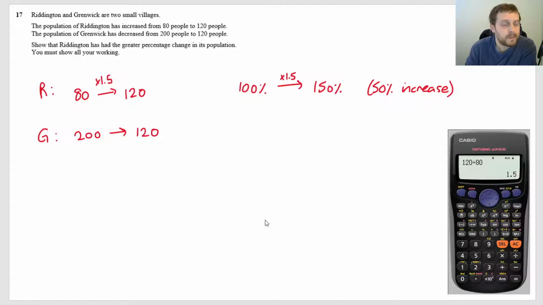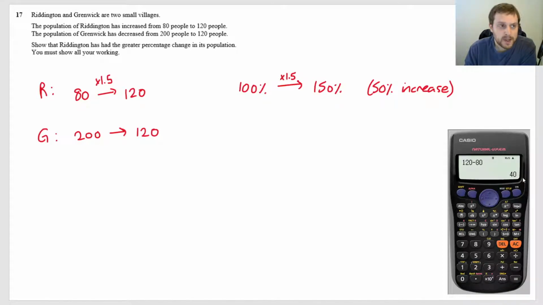Okay. The other way to work out that it was a 50% increase, and I'll mention this now, is if I do 120 take away 80, which is of course 40. So the actual gain of population is 40 people. There are 40 more people.